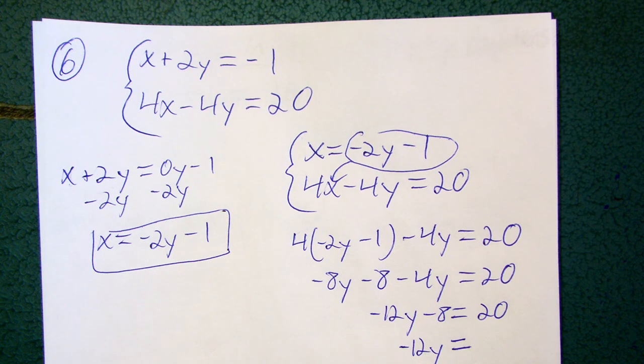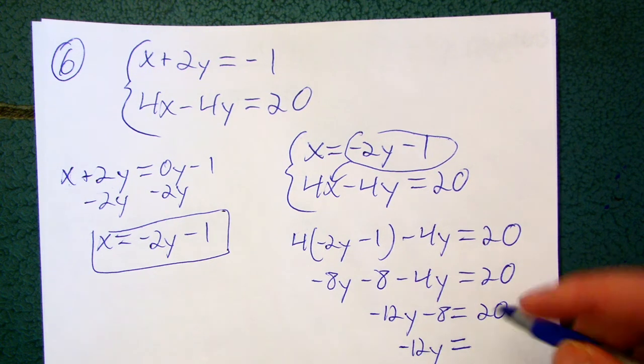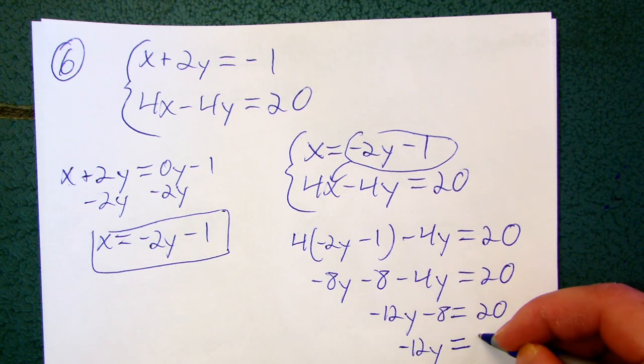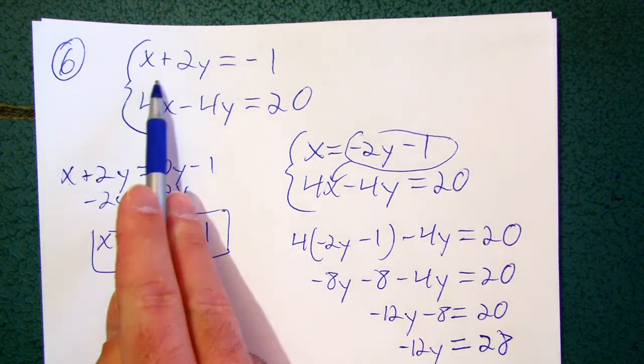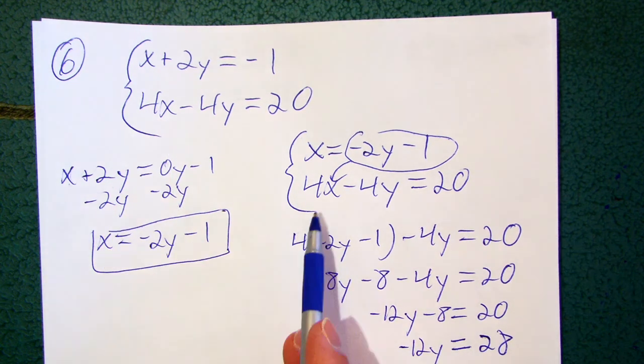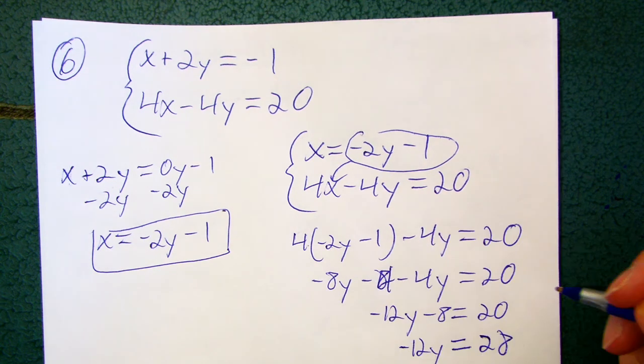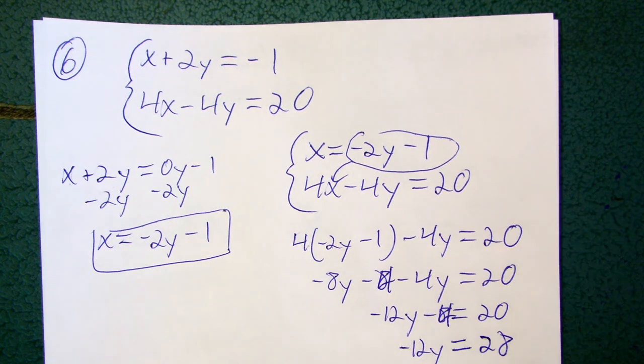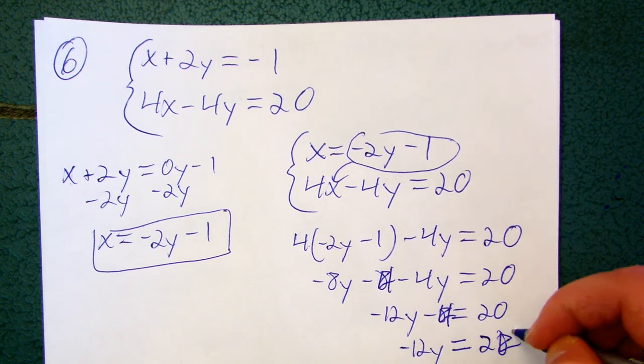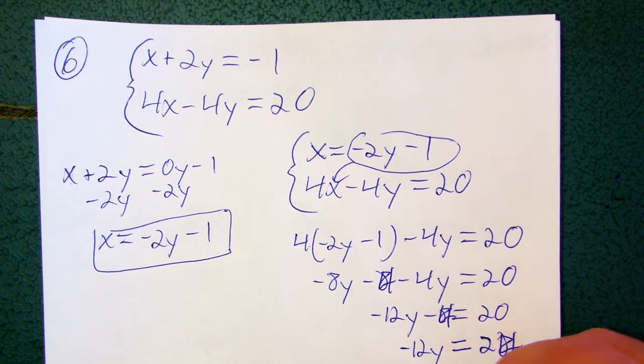Just make sure we're good here, because we're going to end up with a fraction. So again, we got x equals negative 2y minus 1. So we got negative 8y. That should be minus 4. That'd be 24. So y equals negative 2.